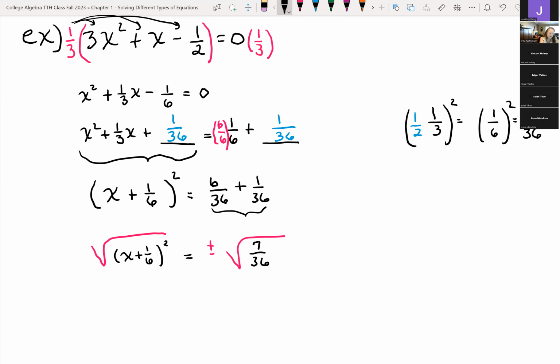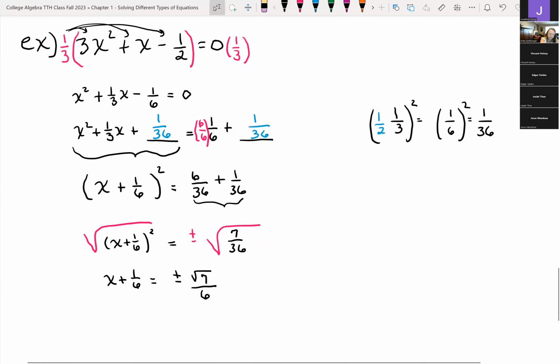Taking the square root of the perfect square, I get x plus 1/6 is equal to plus or minus the square root of 7 divided by the square root of 36, but the square root of 36 is just 6. To get x by itself, we can subtract 1/6 on both sides of our equation. So I get x is equal to negative 1/6 plus or minus root 7 over 6.